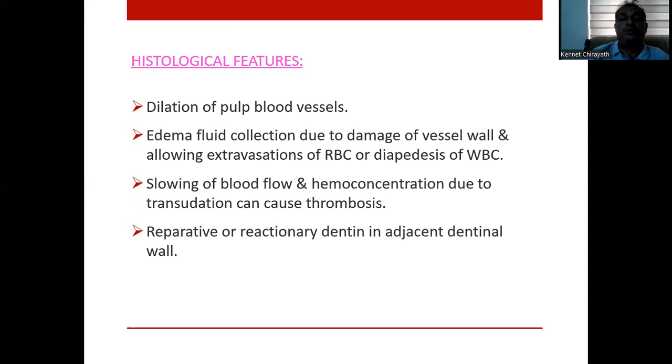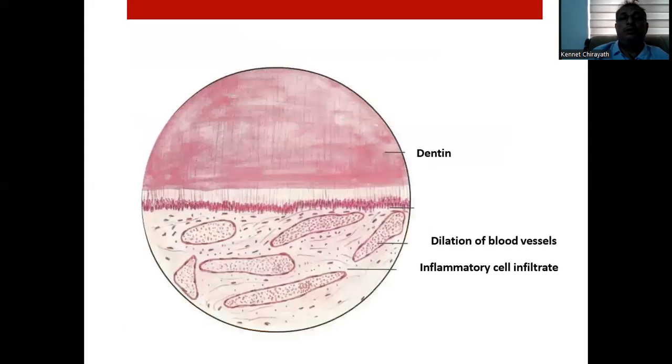Chemical concentration due to the transudation can cause thrombosis, and reparative or reactionary dentin forms adjacent to the dentinal wall. So these are the histological features of reversible pulpitis: dilated blood vessels and inflammatory cell infiltrate.